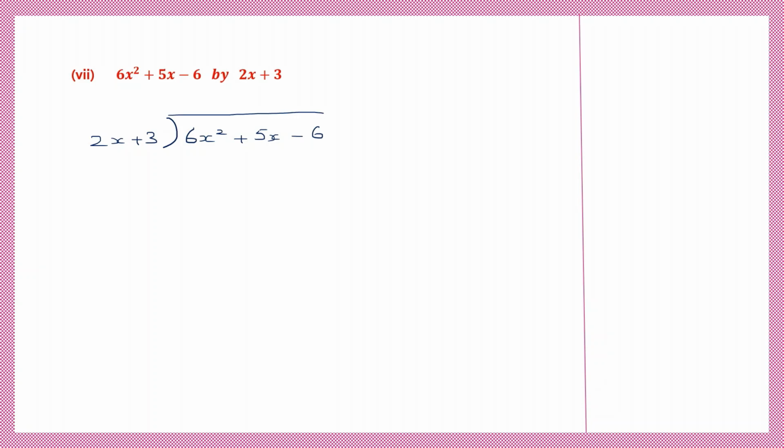So we have 6x squared divided by 2x. So here first we can cancel 2 and 6. 2 3s are 6. So we've got our number. Our number is 3. Now x is x to the power of 2 minus 1, which is 3x to the power of 1. So we'll write that as 3x.